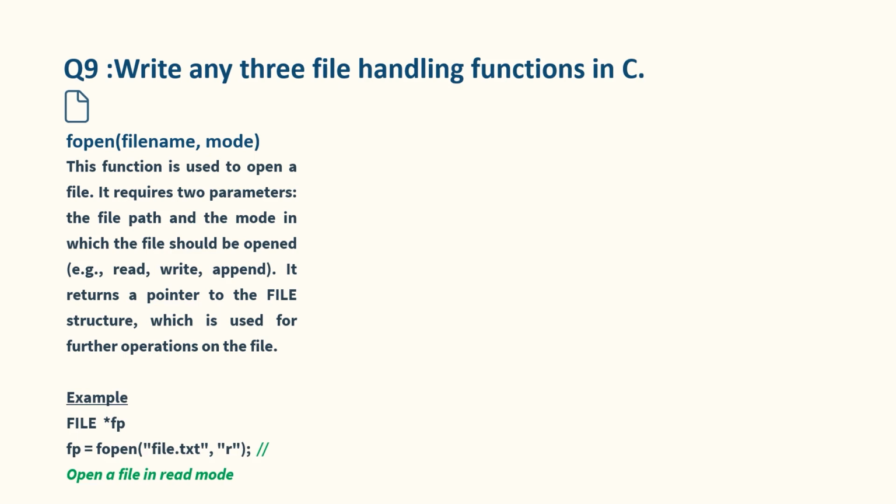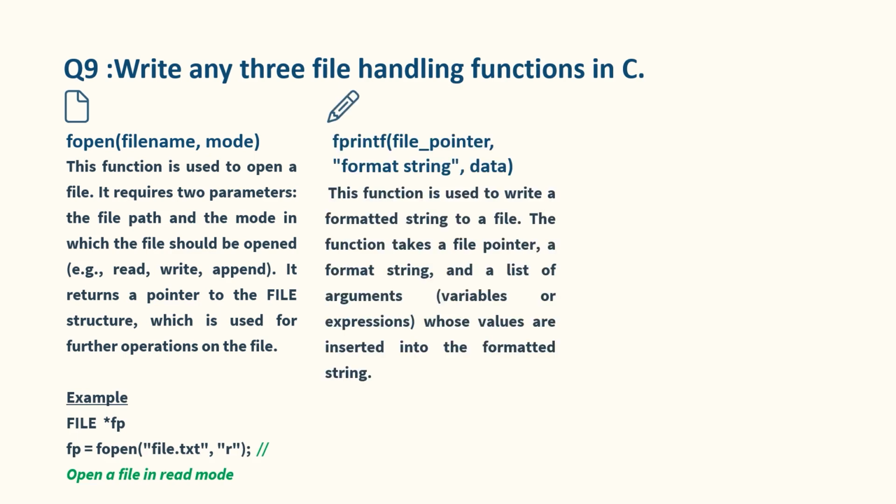fprintf. This function is used to write a formatted string to a file. The function takes a file pointer, a format string, and a list of arguments, that is, variables or expressions, whose values are inserted into the formatted string. In this example, the fprintf function writes the value of the variable num to the file in a formatted way. fclose.